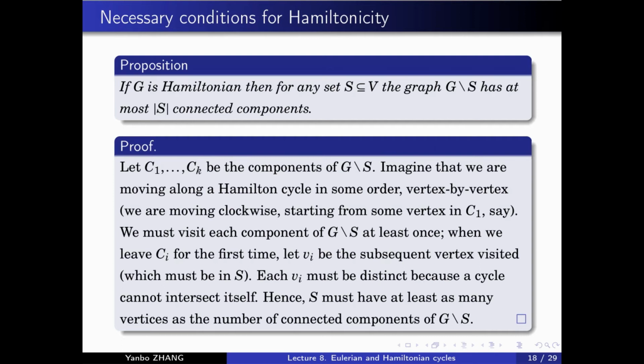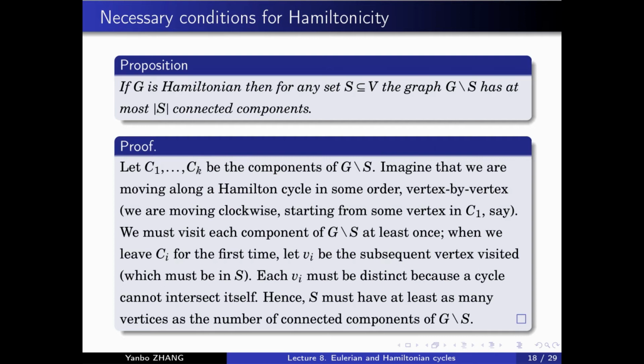The proposition is: if G is Hamiltonian, then for any set S, which is a subset of V, the graph G minus S has at most |S| connected components.